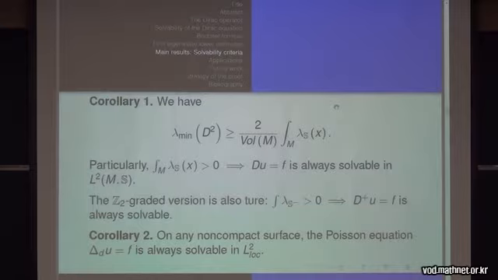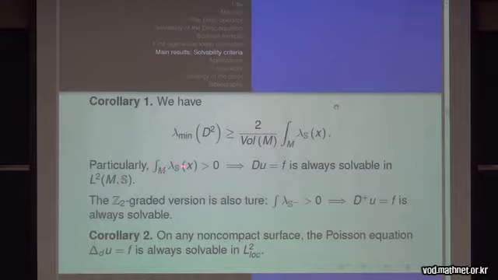And even if we look at the classic Dirac, then this curvature is given by the Gauss curvature.